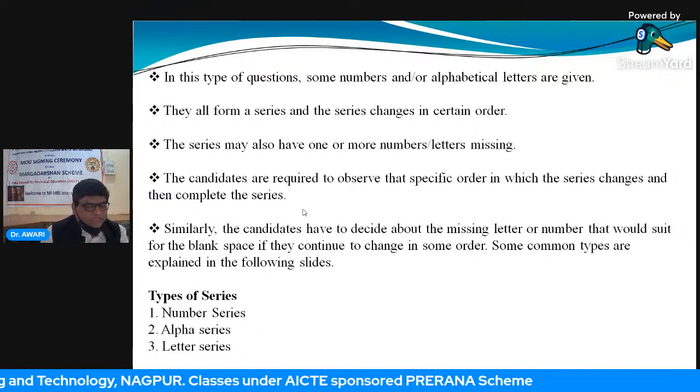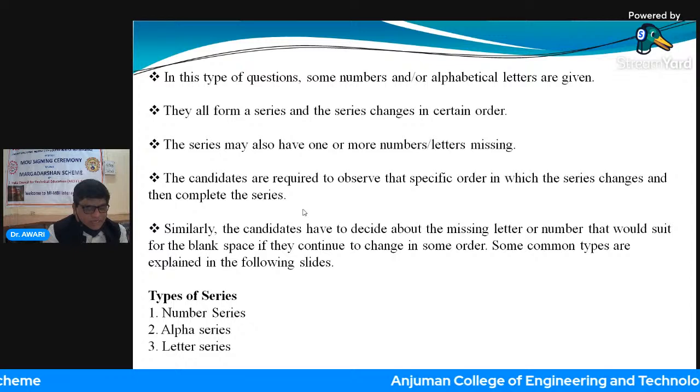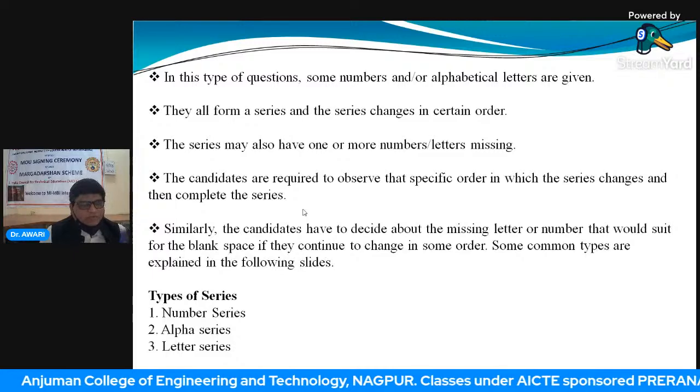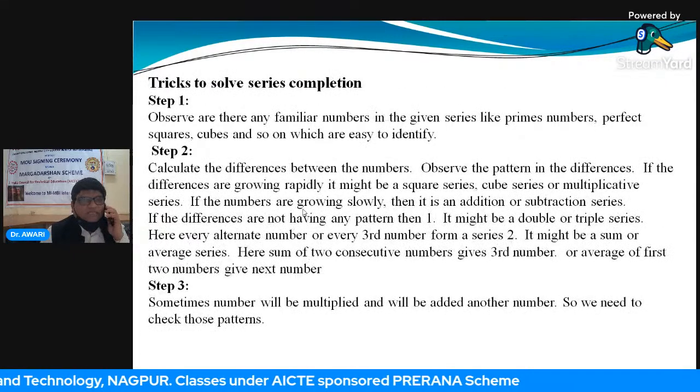Similarly, in the series of alphabets, missing alphabets will be shown, and you need to find the proper alphabets. There are three types of series, that is number series, alpha series, and letter series.